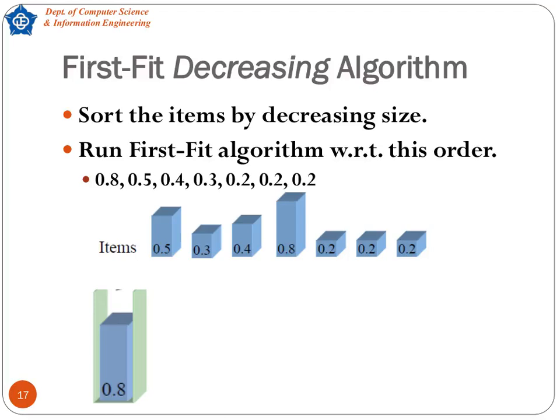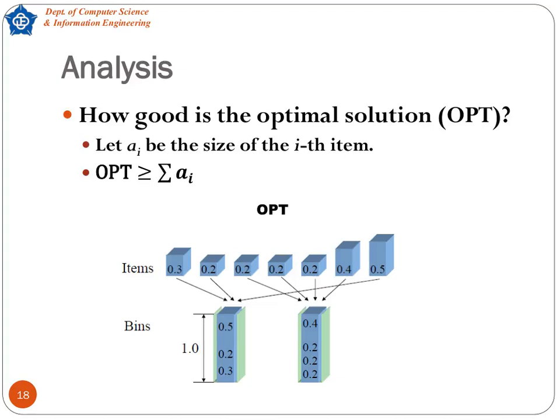Notice how the largest items are now at the beginning. The visual at the bottom clearly demonstrates the very start of this First Fit Decreasing process. As you can see, the largest item, 0.8, is immediately placed into the first available bin, which in this case is our initial bin.